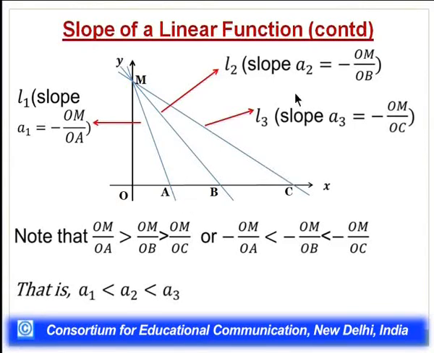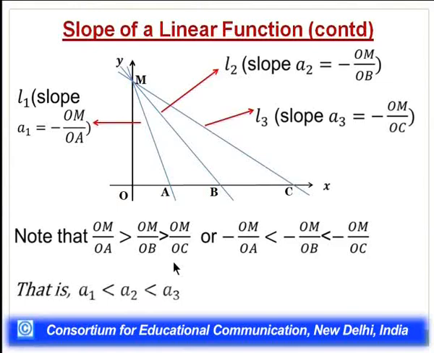And similarly, the slope of line L2 will be minus of the change in vertical distance, which is OM divided by OB. And similarly, the slope of L3 is going to be minus of OM upon OC. Now, OM upon OA is greater than OM upon OB is greater than OM upon OC, because OA is less than OB is less than OC.